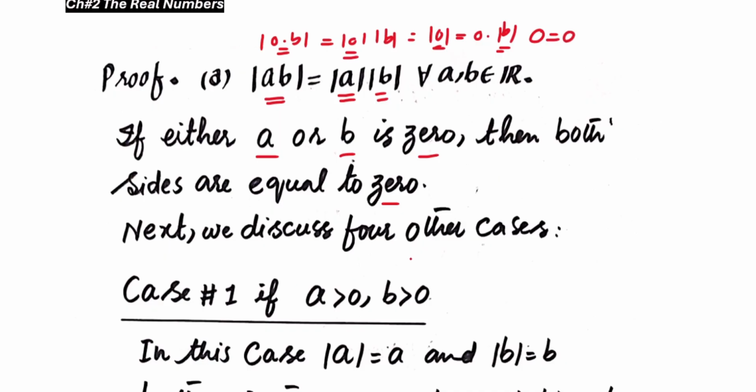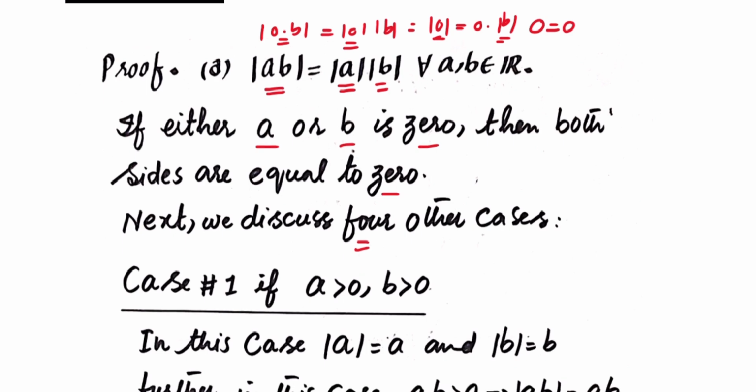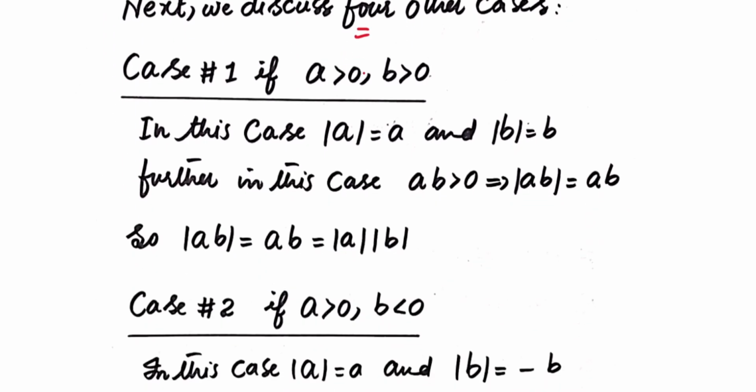Next we discuss these four cases. In these cases, both A and B are non-zero. The first case, if A and B both are positive. In this case, as A is positive, the absolute value of A will be equal to plus A. Similarly, as B is also positive, the absolute value of B is equal to B. As A and B both are positive, their product is also positive.